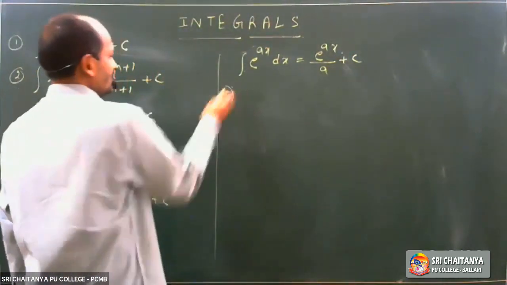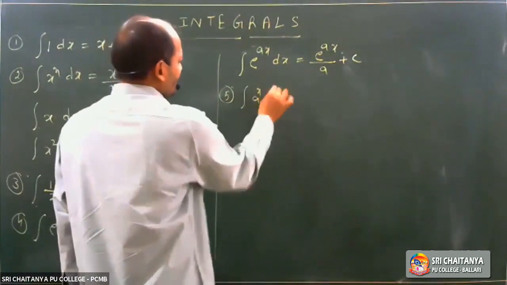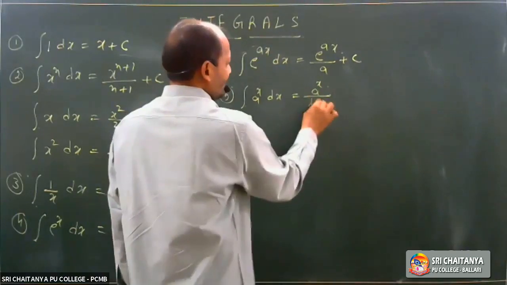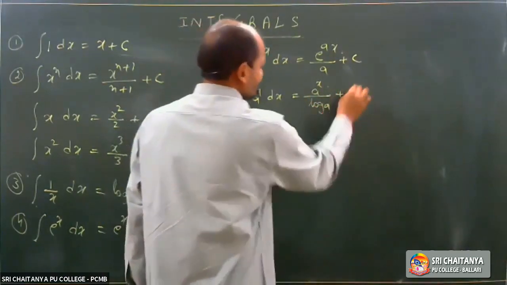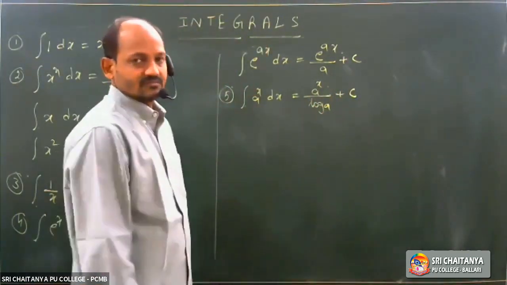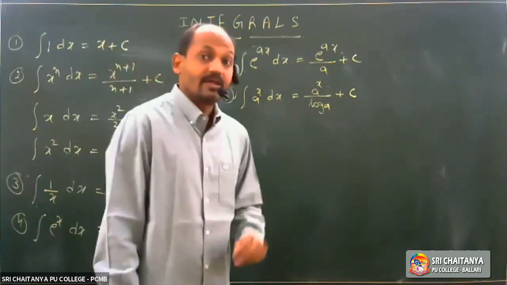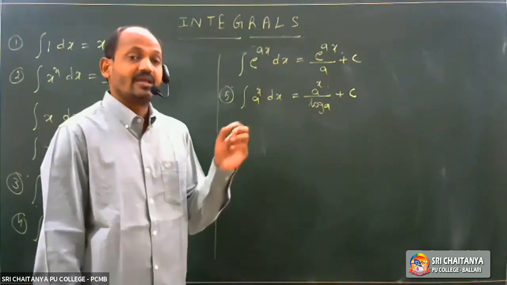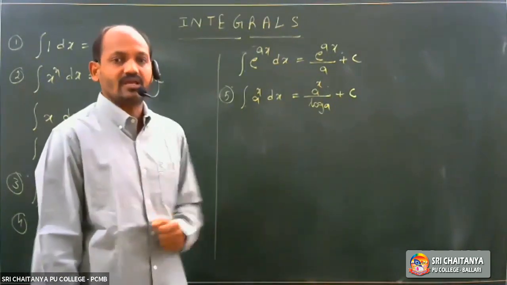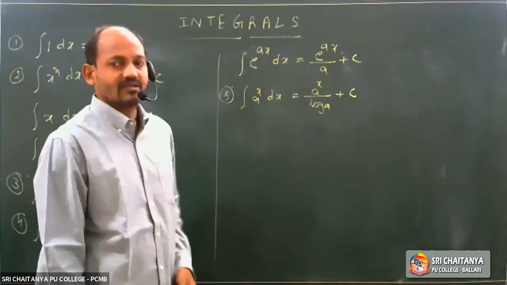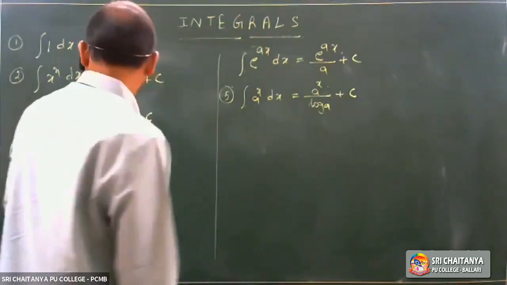Integral of a power x dx is a power x divided by log a plus c. In general, the derivative of a power x is a power x into log a, but the integral of a power x is a power x by log a plus c.